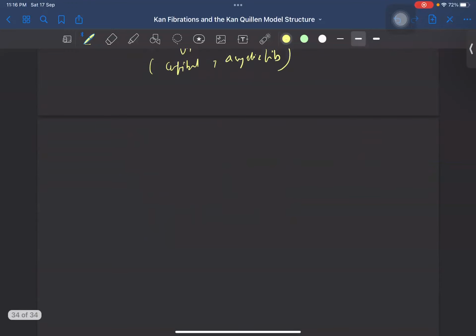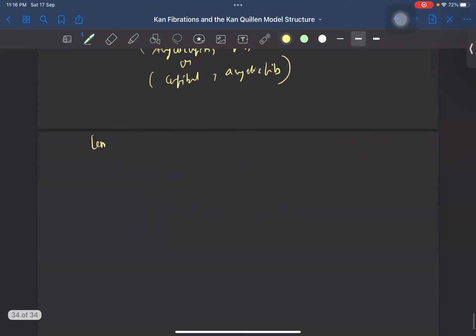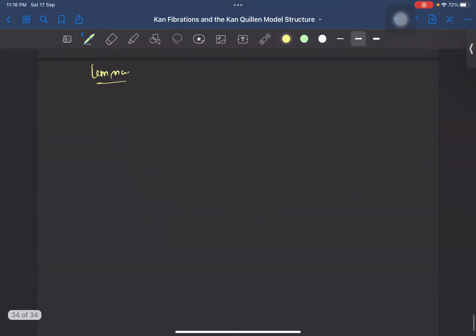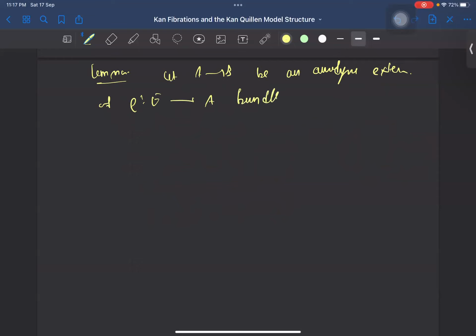Now I'll state two lemmas that I'll use to prove that we have a model structure. They're a bit involved, at least the first one, so I won't give a proof. Let p be an anodyne extension. Then there exists a pullback square.